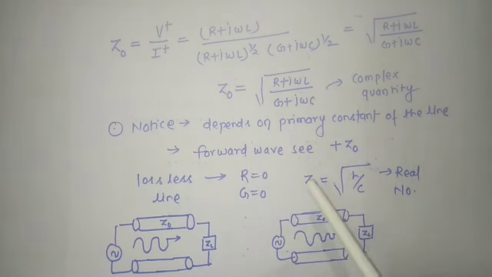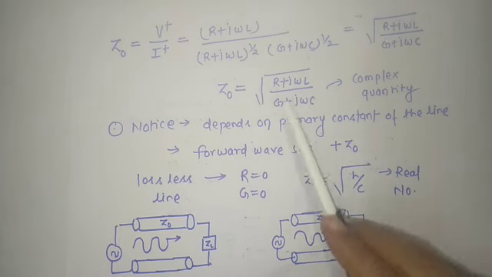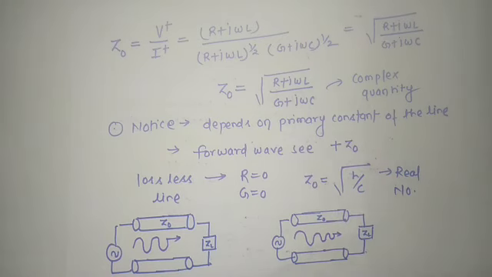Okay, so what about the lossless transmission line? Lossless transmission line means there should be no lossy element, and you know that resistance and conductance both are lossy elements. Put the value of R equals 0, G equals 0, then you will get a lossless transmission line.